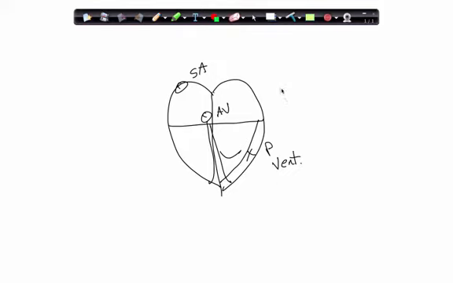Now, each one of these has an intrinsic rate. 60 to 100 for the SA, 40 to 60 for the AV, and then the ventricular area has 20 to 40. Now, this is normal automaticity or normal pace setting, if you will, for those sections of myocardium.